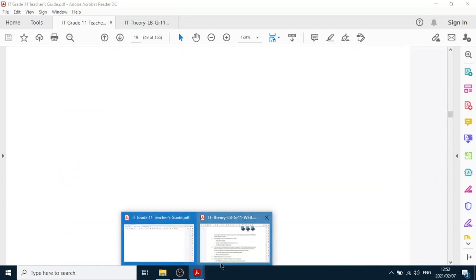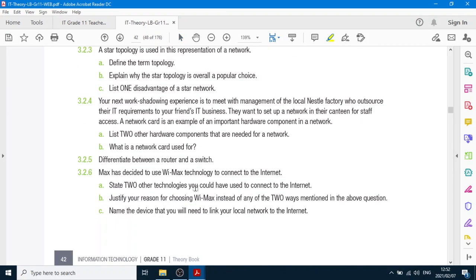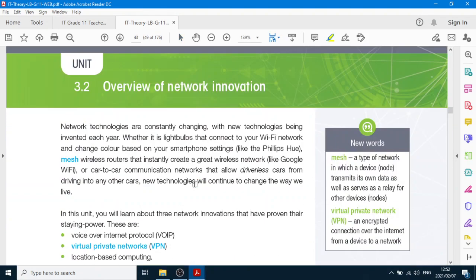Right, so let's move on to this chapter, which is overview of network innovation. Right, now we're talking about mesh. What is a mesh?